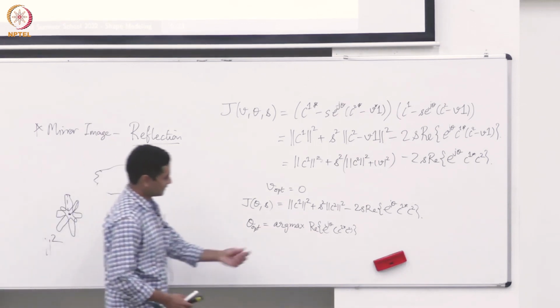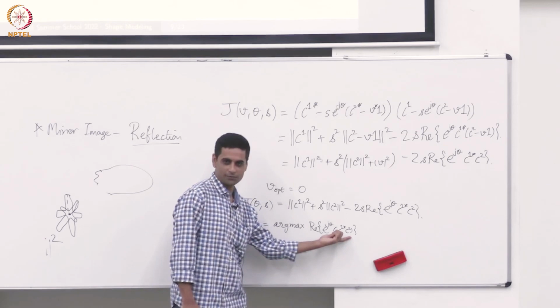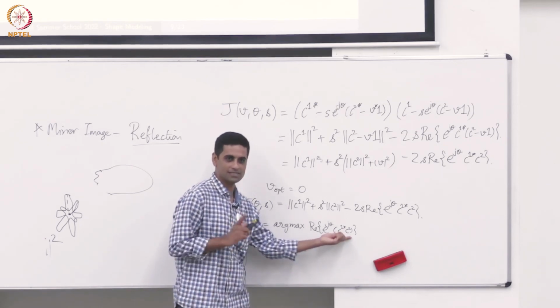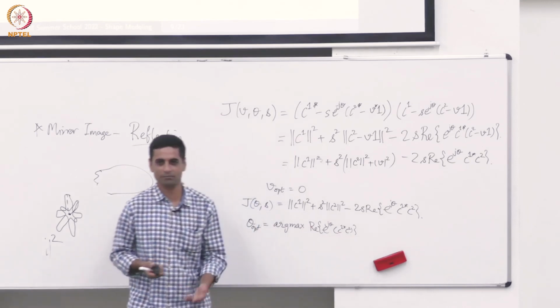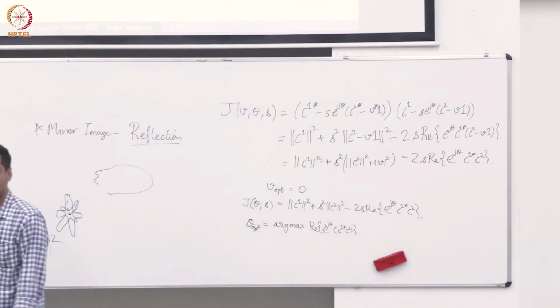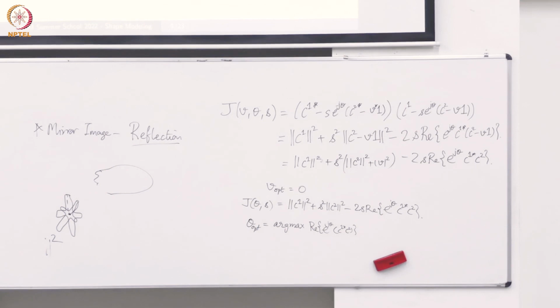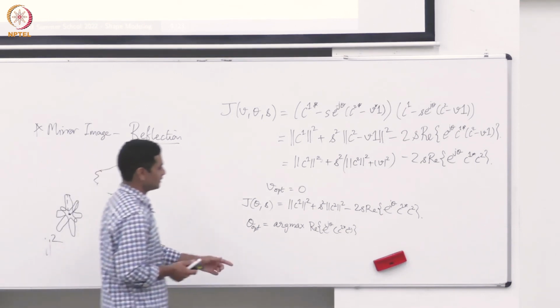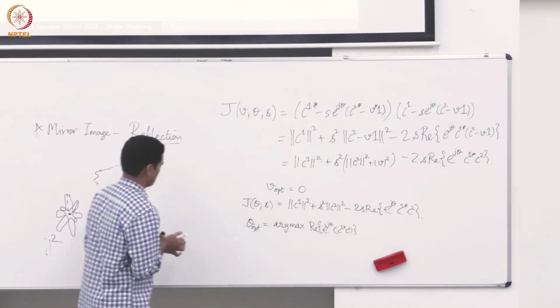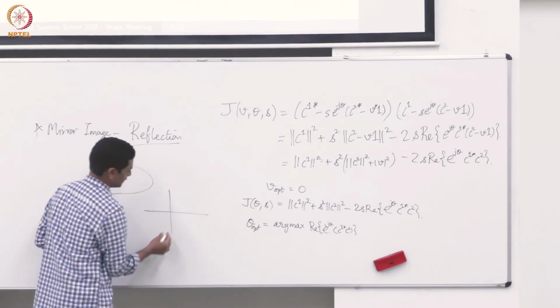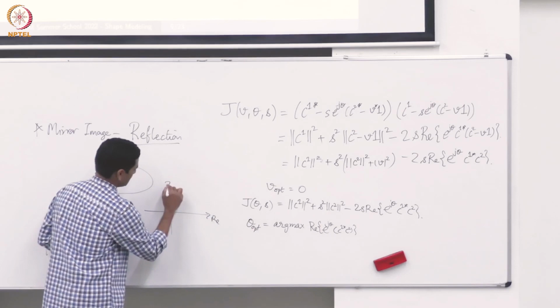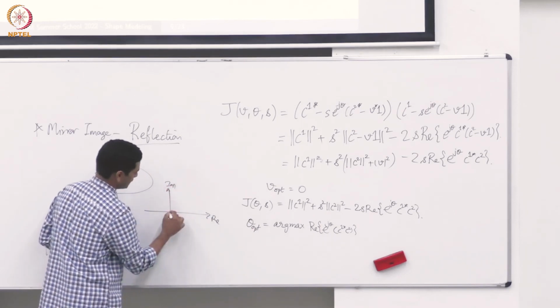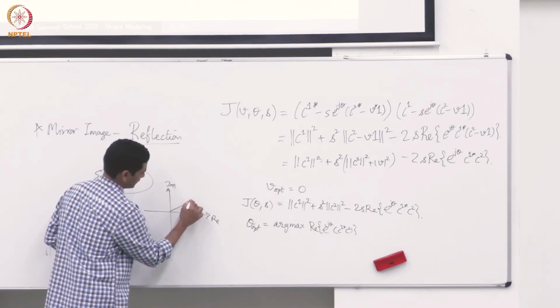See, forget this. If this notation is confusing you, this is just one complex number. So just treat it as if it's like a plus jb. And what is e to the power j theta? Right. So let's say this is your real part, this is imaginary part. C1 star C2 is something like this, let's say.